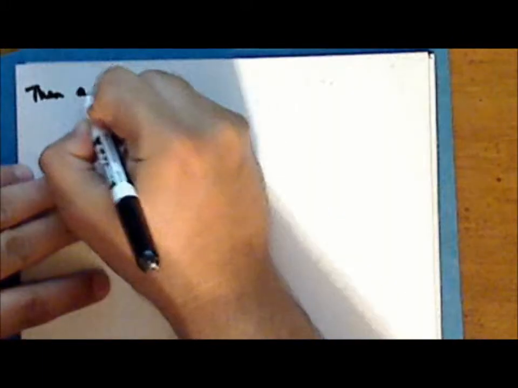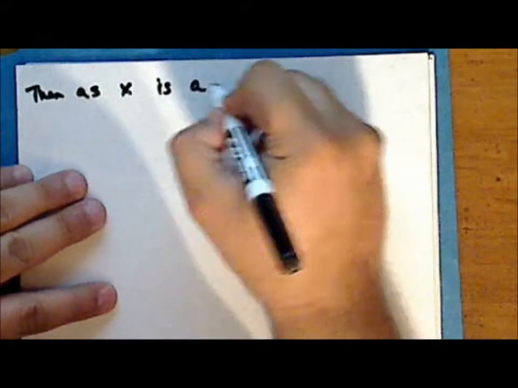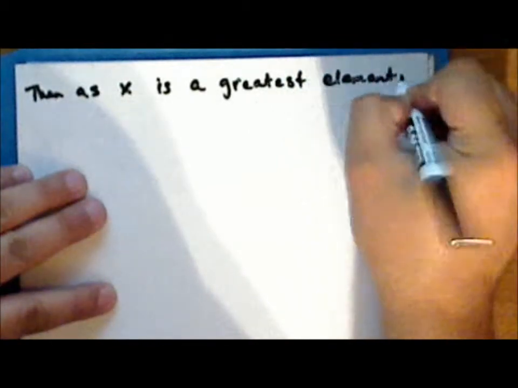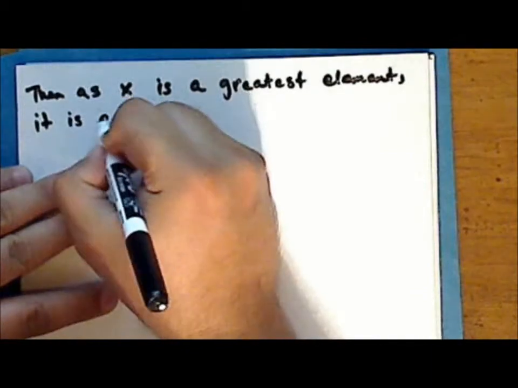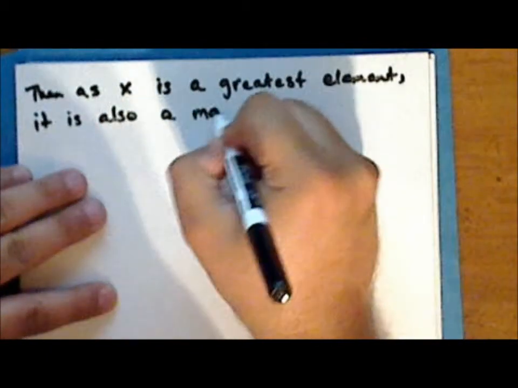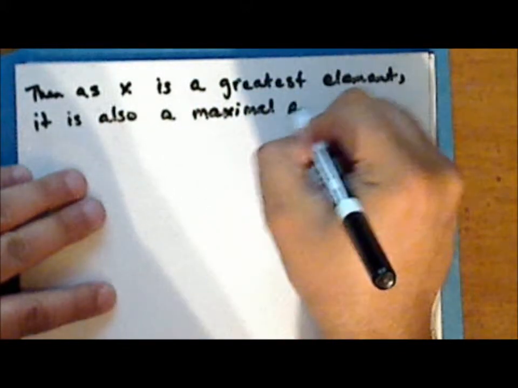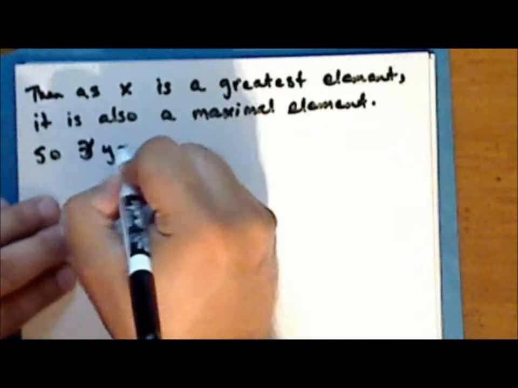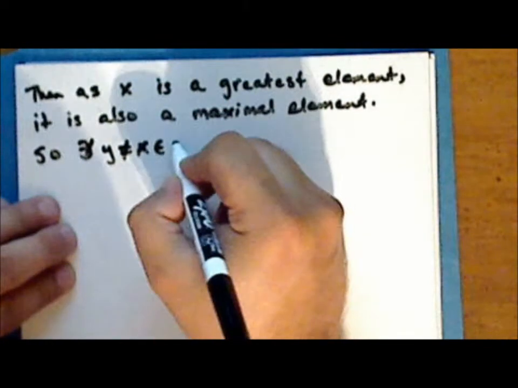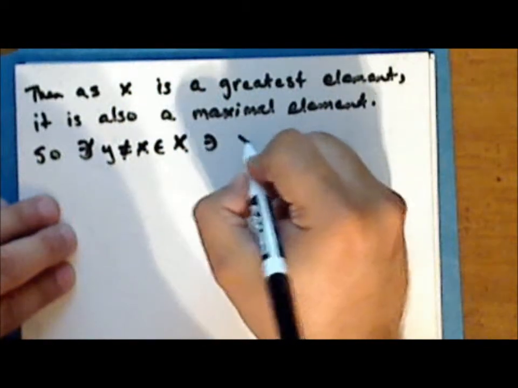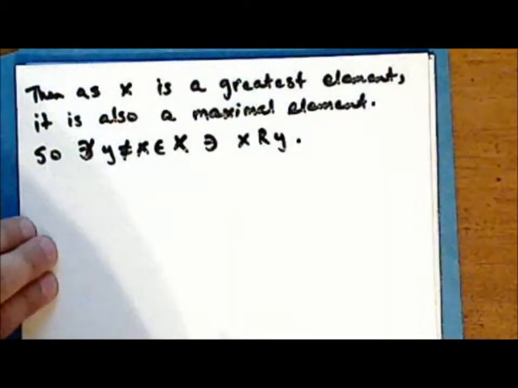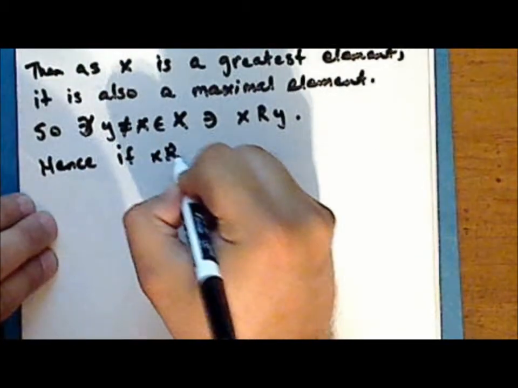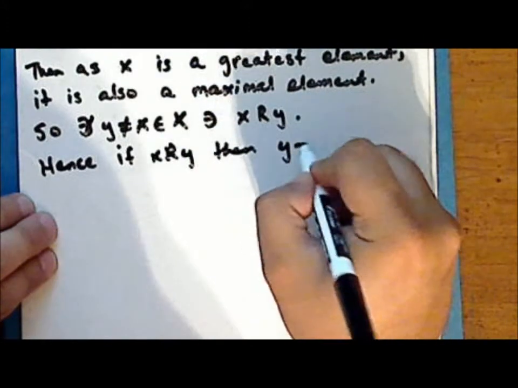then, as the element x is a greatest element, it is also a maximal element, and so there does not exist an element y distinct from the element x in the set X such that x is related to y, and hence if x is related to y, then necessarily y is equal to x.